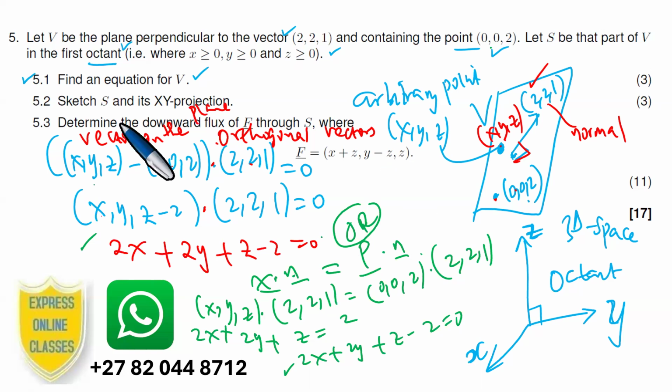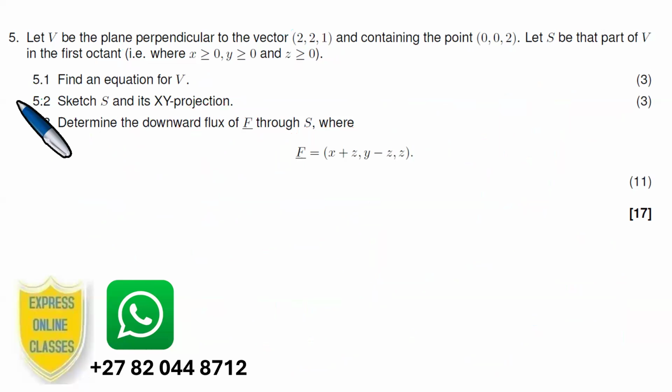Now we need to sketch S. Sketch S and its XY projection. Now we're going to be looking at the projections and XY projections of the sketch. Let's analyze this and focus on the XY projection. Now, obviously, you let S be part of V in the first octant.